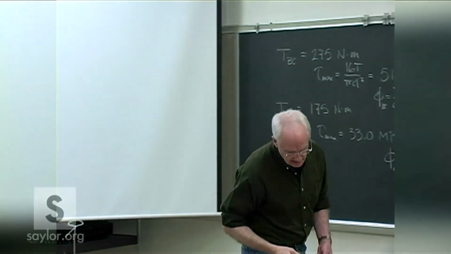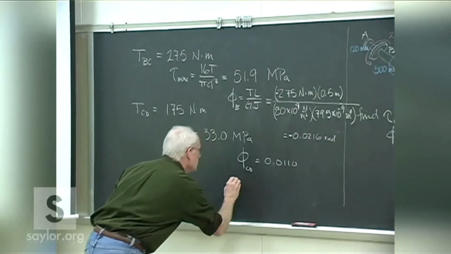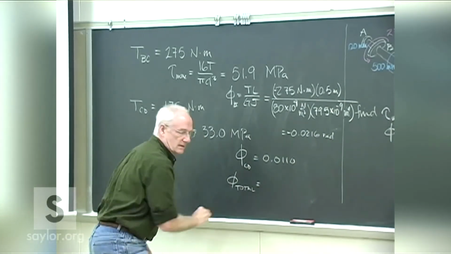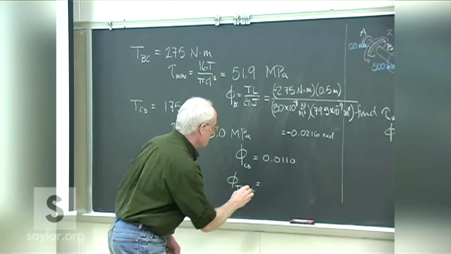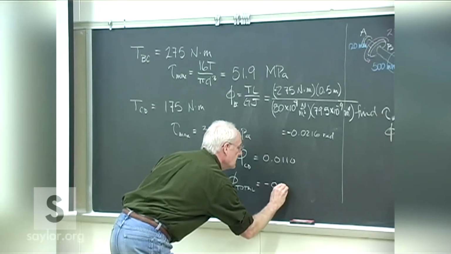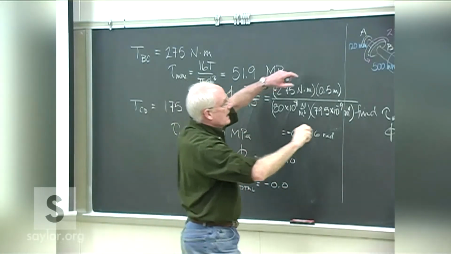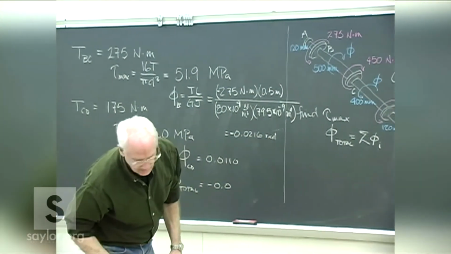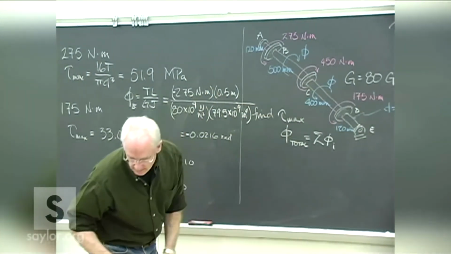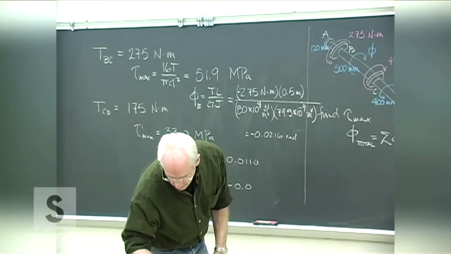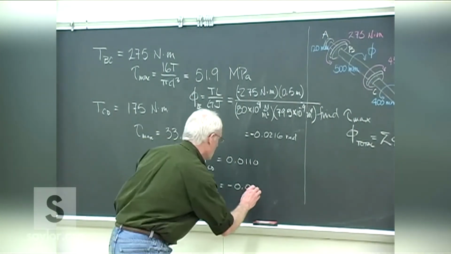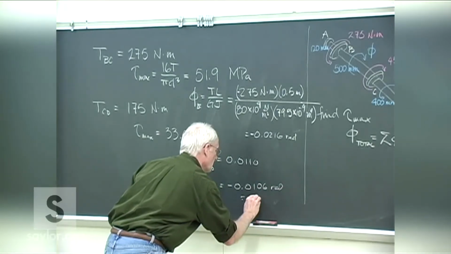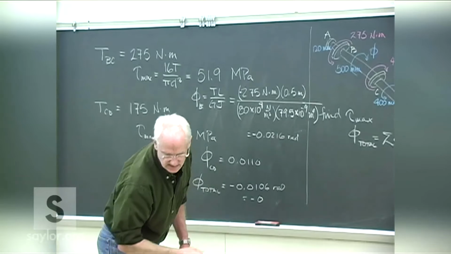And then they add together to give a deflection. They cancel each other a little bit. We still get some in the negative direction, so we know that end to end there's going to be a little bit of twist in the direction of the middle torque. 106 radians, or about minus 0.6 of a degree.